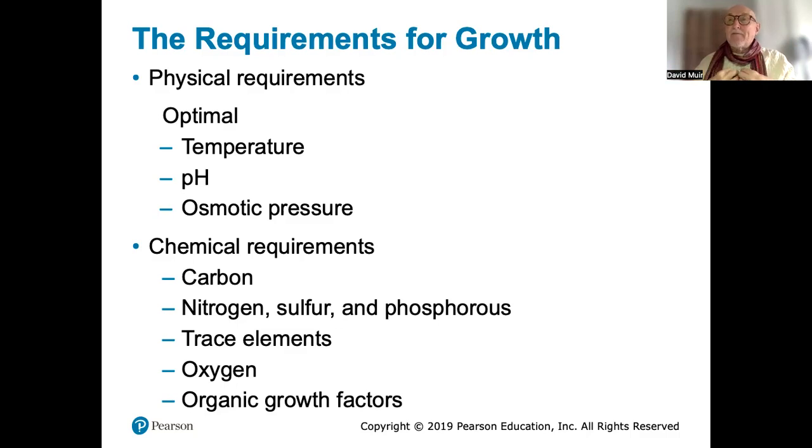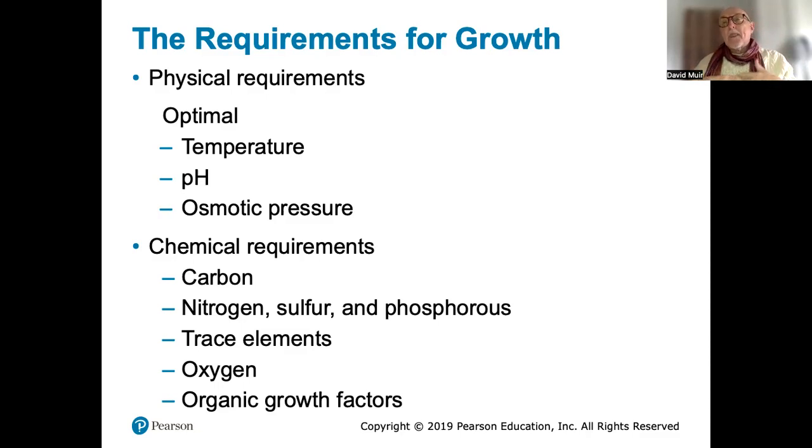They also have a requirement for trace elements, for very small amounts of certain things like metal ions, that sort of thing. Depending on the organism that we're talking about, they may have a requirement for oxygen. This is not universal by any means, but certain organisms definitely do require oxygen, and those are particularly, of course, those which use aerobic respiration, as we do.